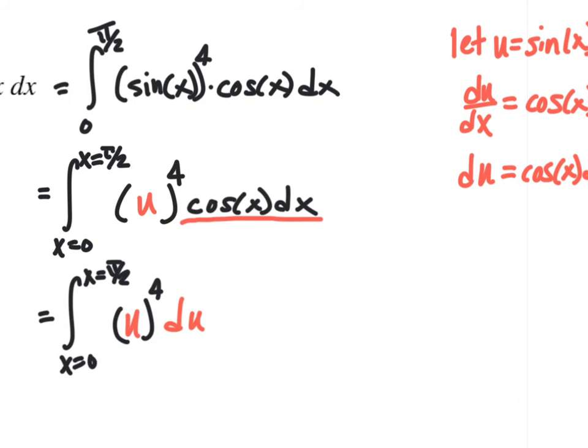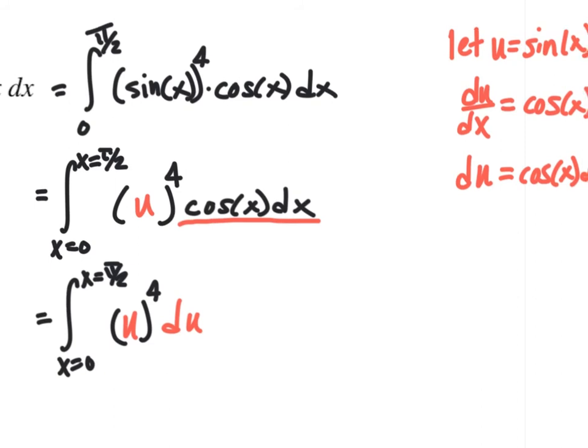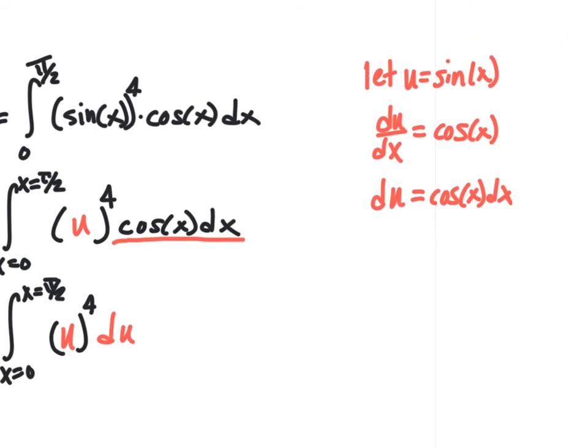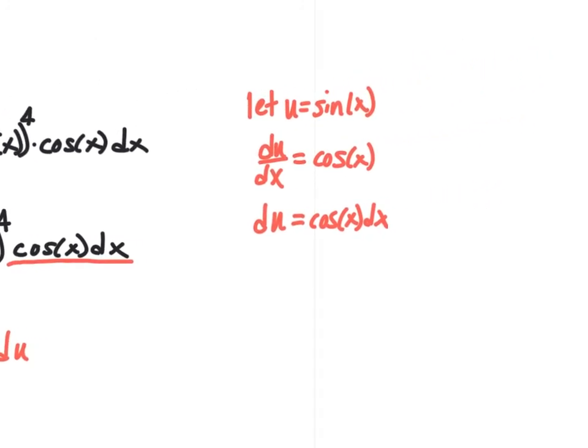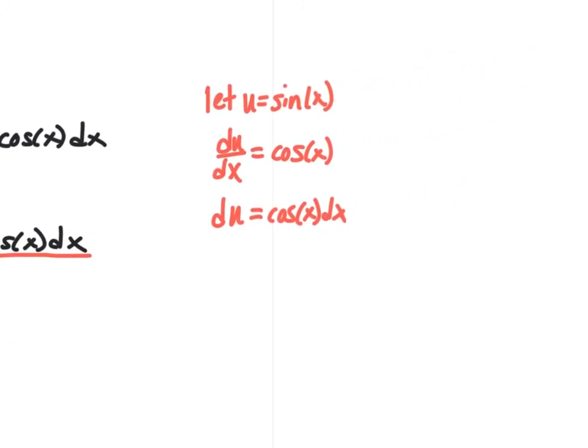Then my next step is I want to change my bounds and put those in terms of u. So x equals 0 and x equals pi over 2, let's put those back into u. When x equals 0, u is equal to sine of 0, and sine of 0 is just 0.